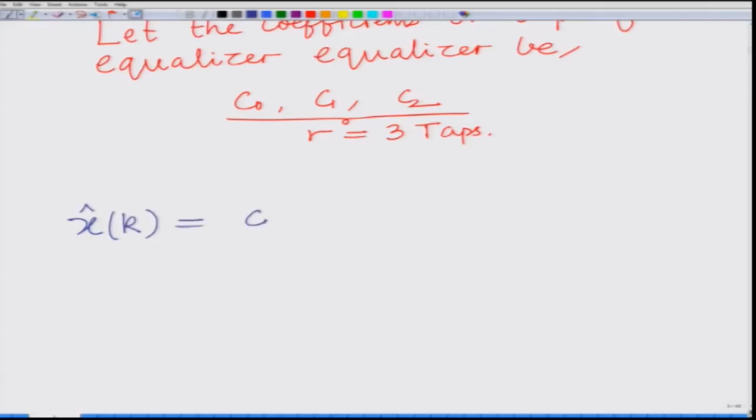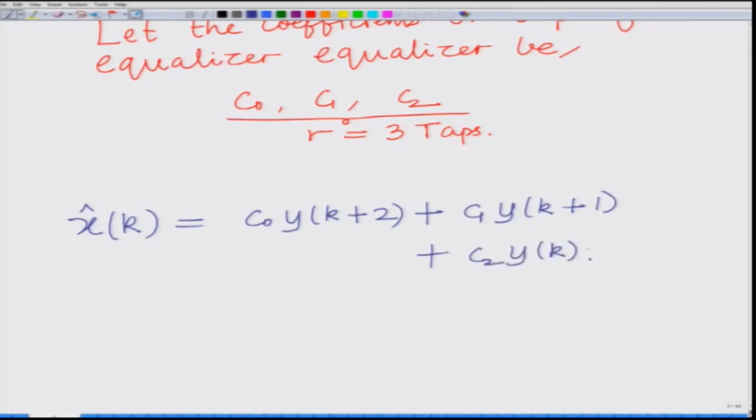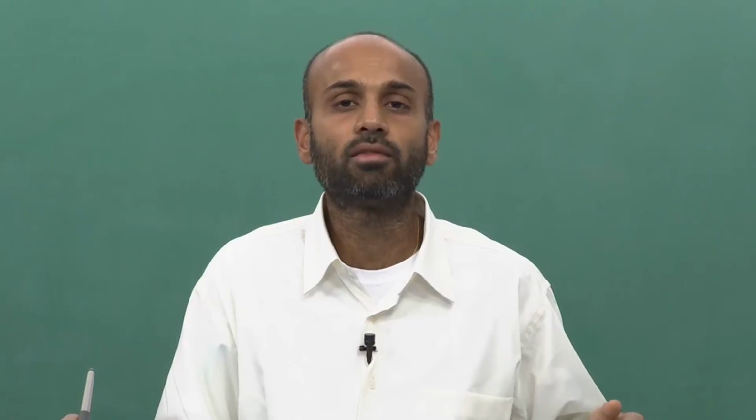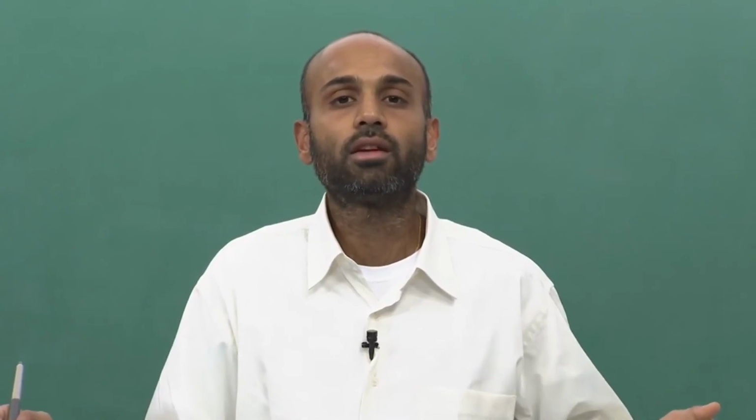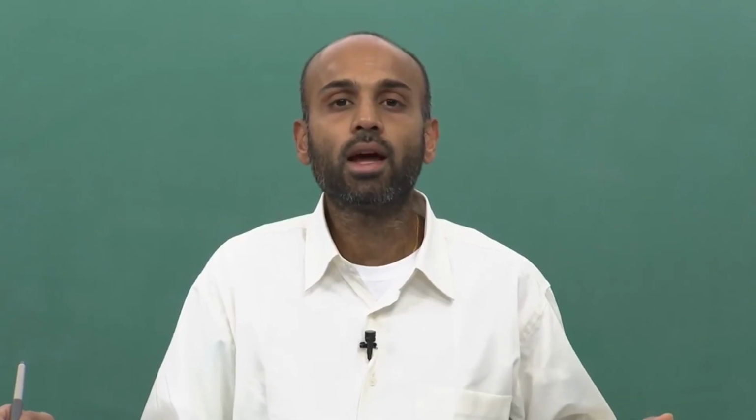Therefore, I can write the equalized symbol x hat k equals C0 times y k plus 2 plus C1 times y k plus 1 plus C2 times y k. That is, x hat k is the estimate of the symbol x k after removing the interference from the other symbols, that is x k plus 2, x k plus 1 and x k minus 1, given by the linear combination of the output symbols y k plus 2, y k plus 1, y k.